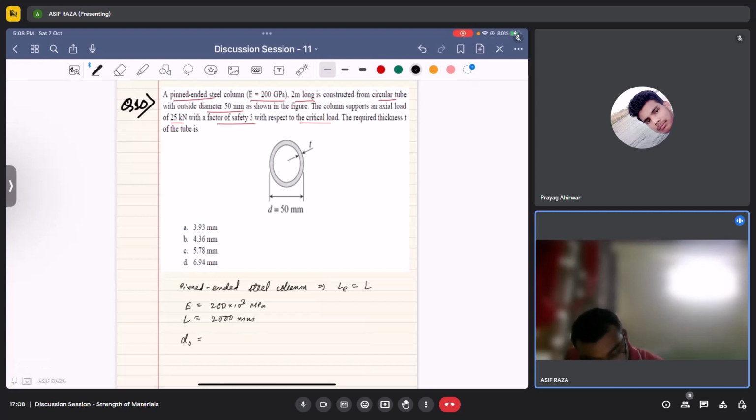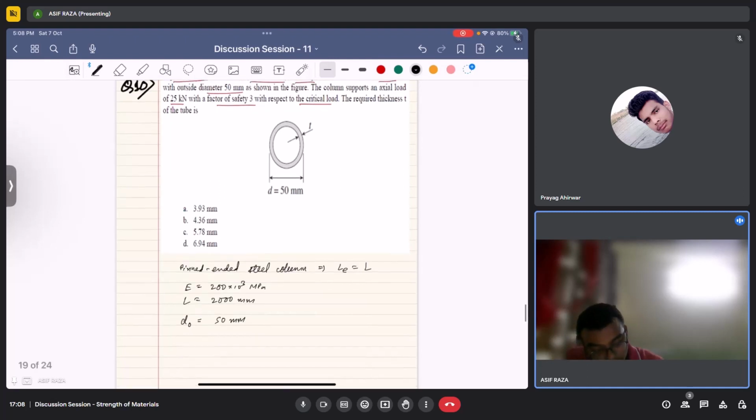Outside diameter is 50 mm. If my outside diameter is 50 mm and thickness is t, my inner diameter would be what? D naught minus 2t, that is 50 minus 2t mm.